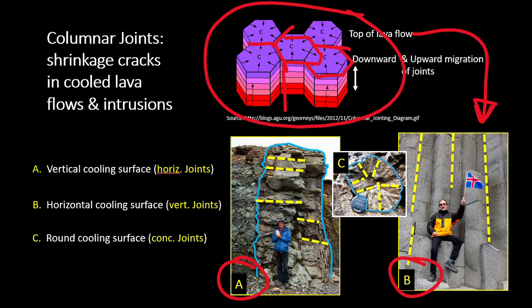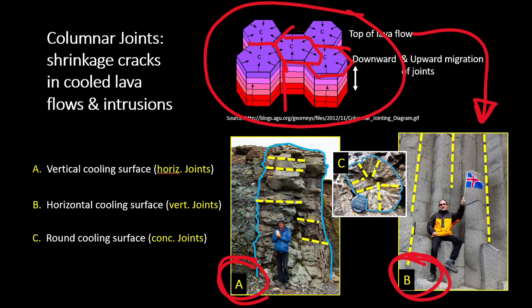That's a dike. It's a vertical intrusion that cuts across the structural grain of the surrounding rock. And the rule with columnar joints is that the joints always develop at a 90-degree angle to the cooling surface. So if the cooling surface is horizontal, then the joints tend to be vertical, as we're seeing in B.